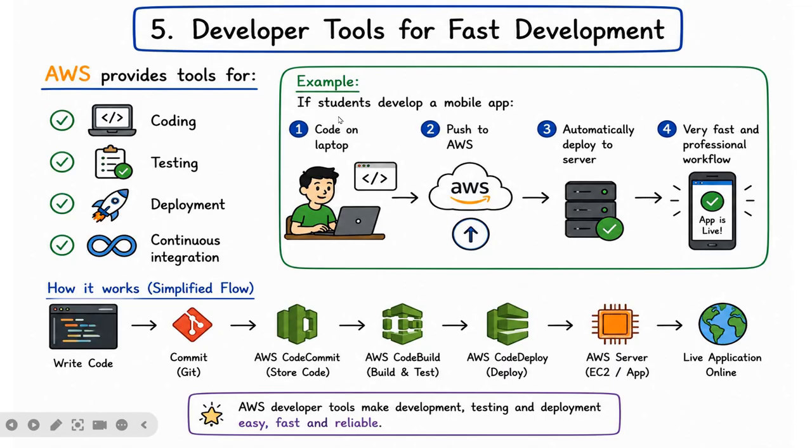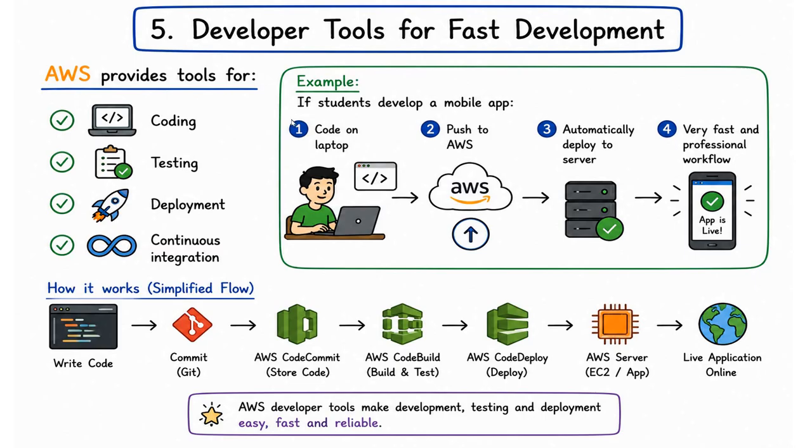Suppose whenever a student uploads a new code, then AWS automatically checks the code and runs the tests. Then it will build the application and deploy the updated version if successful. Now the AWS CI tools are AWS CodePipeline and AWS CodeBuild. These automate the software workflow.